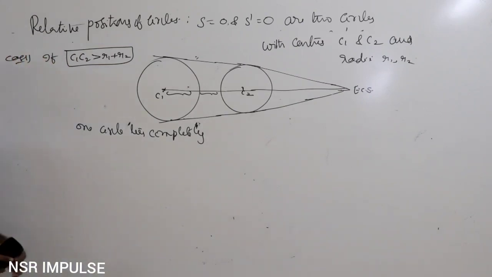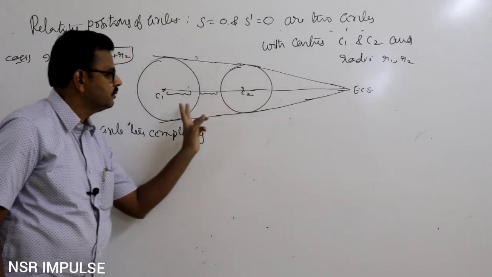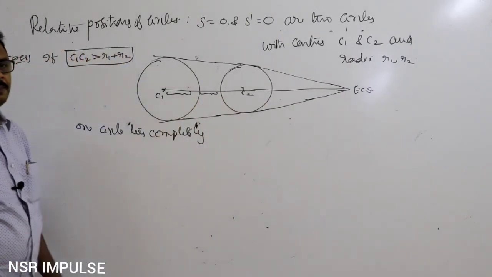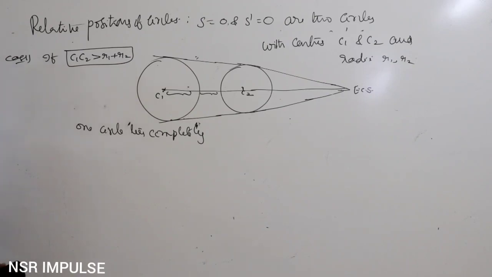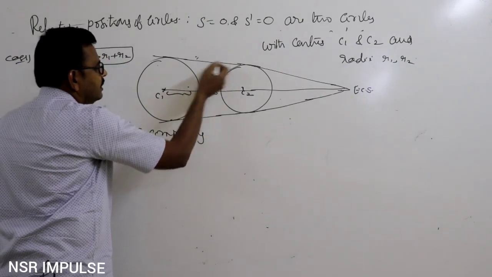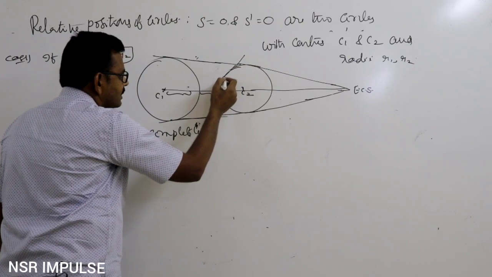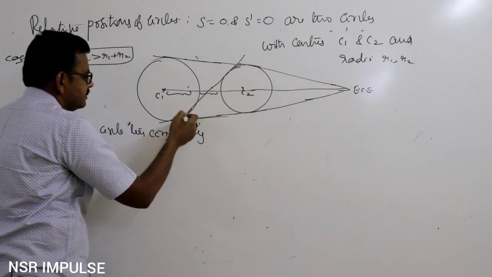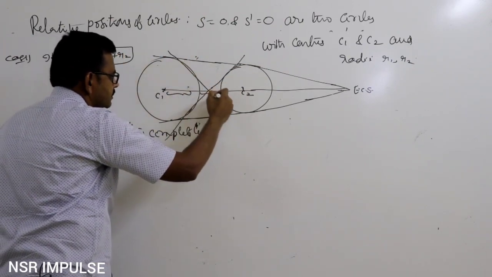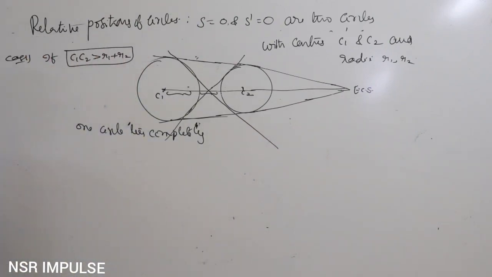That means the two circles do not touch and do not intersect. In this case, you can draw two direct common tangents and two transverse common tangents.